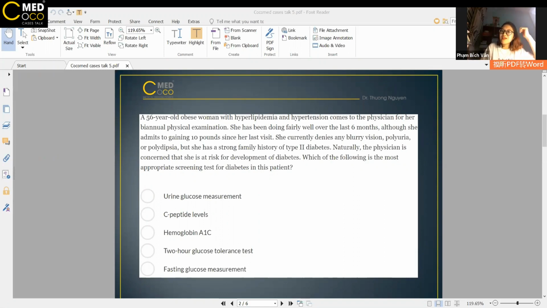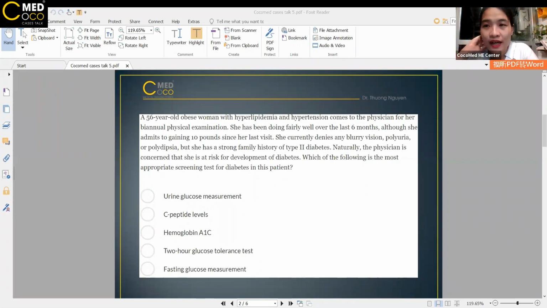I want to emphasize the word appropriate. I just don't understand. If we do the HbA1c, we can save time for the patient. The key thing here, I will not talk about how we implement the test. I'm talking about the screening test, why we need to choose the screening test for the patient, for the reasons I told you.